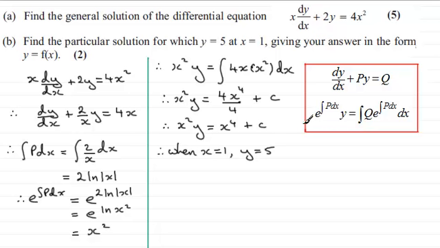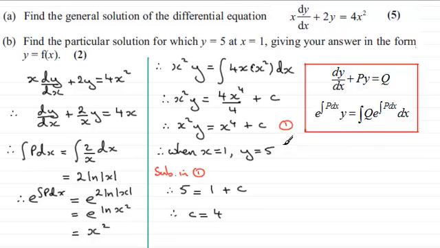And if we substitute this into this equation here, then what we've got is 1 squared, which is 1, times the 5. That's just going to give us 5. So therefore we've got 5 equals 1 to the power 4, which is 1, plus the constant c. So therefore c is equal to 4.